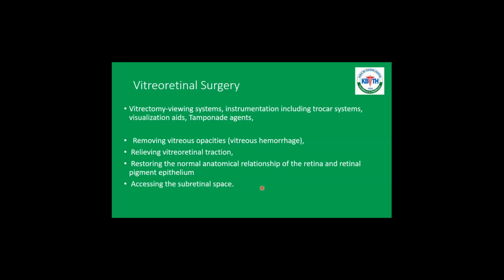But the goal of vitrectomy is basically to remove vitreous opacity, to relieve vitreoretinal traction, to restore the normal anatomic relations of the retina and the retinal pigment epithelium, and to assess the subretinal space. For example, when you want to displace submacular hemorrhage, or you want to inject a vector in patients with inherited retinal diseases.